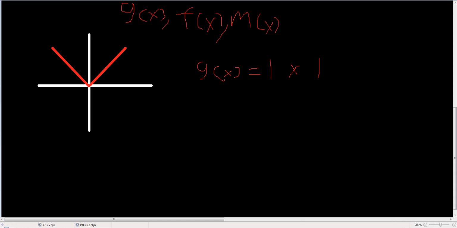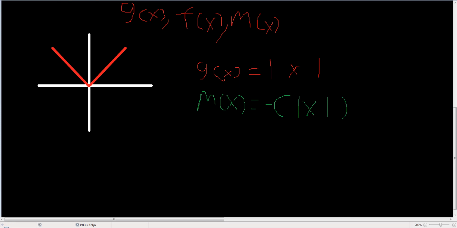This time we're using a different color. n of x is negative absolute value of x. What that means is it's just the negative of the top function over there.